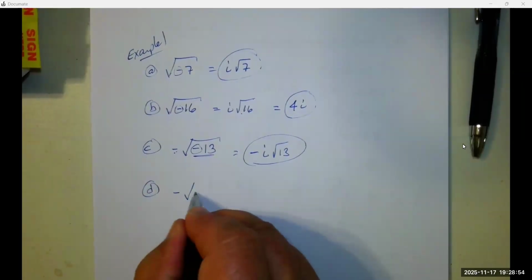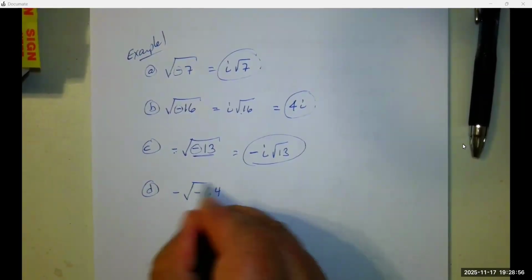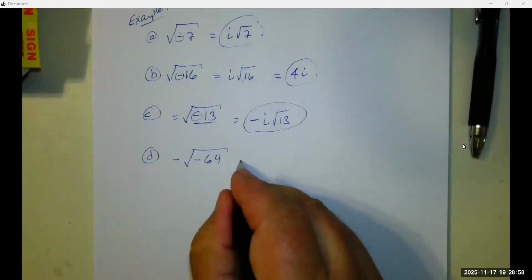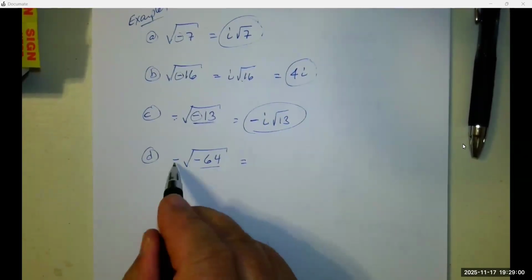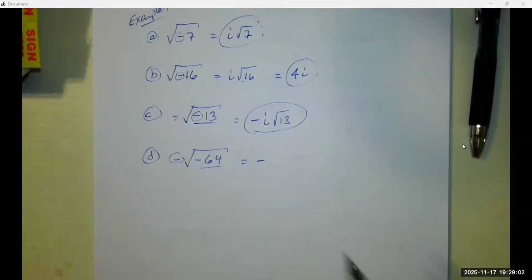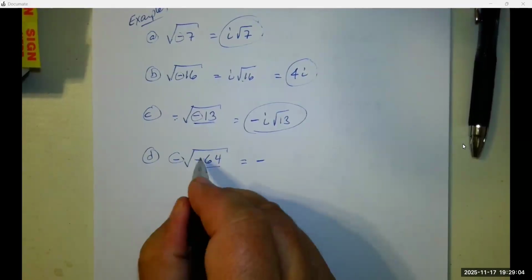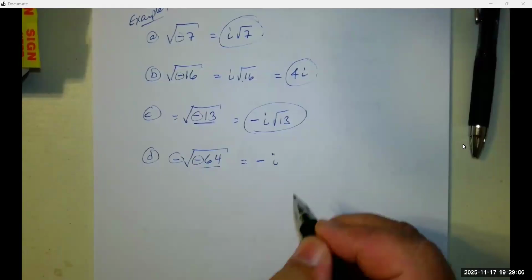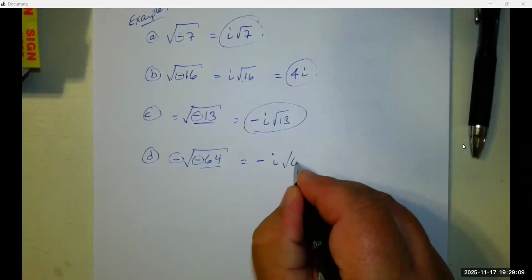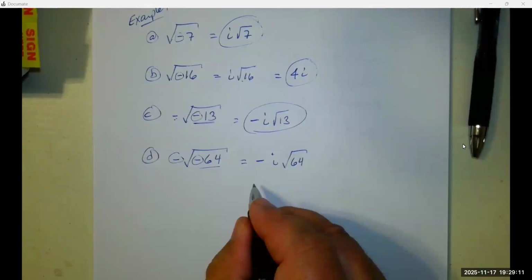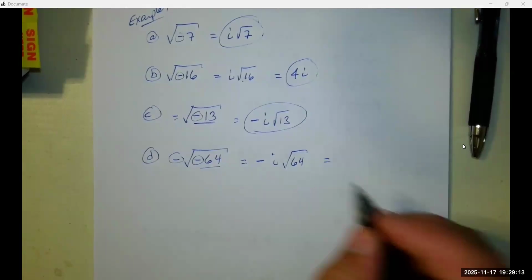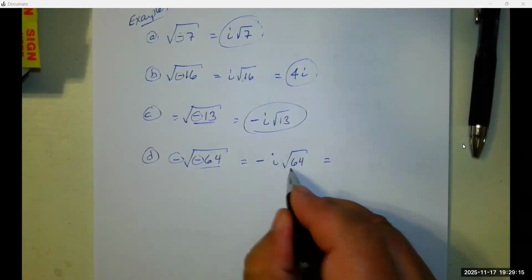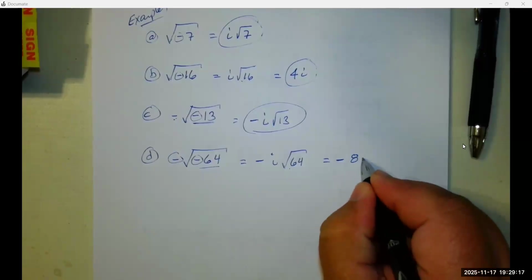Negative square root of negative 64. Again, order of operations. We have to do inside there. So this negative in front stays there. This negative comes out as an i. So we have square root of 64. So the square root of 64 is 8.